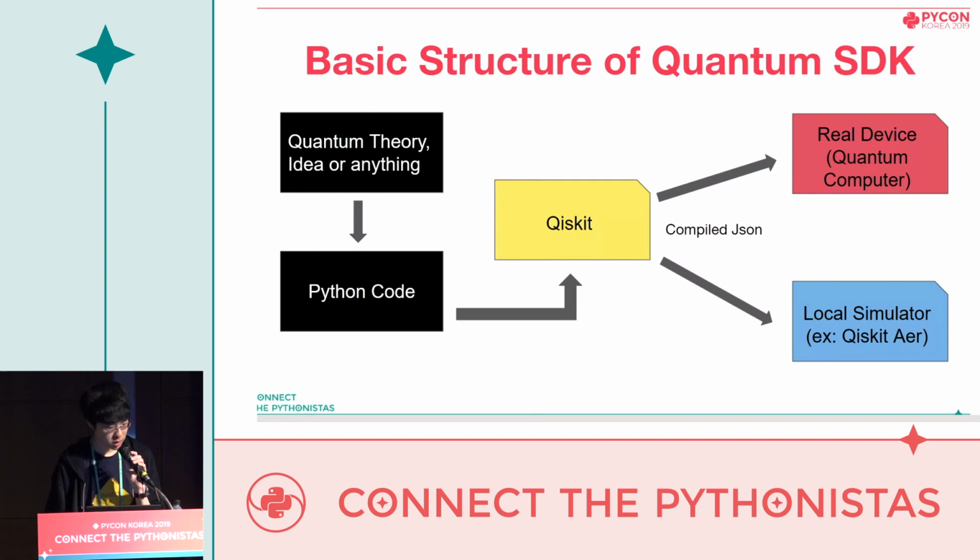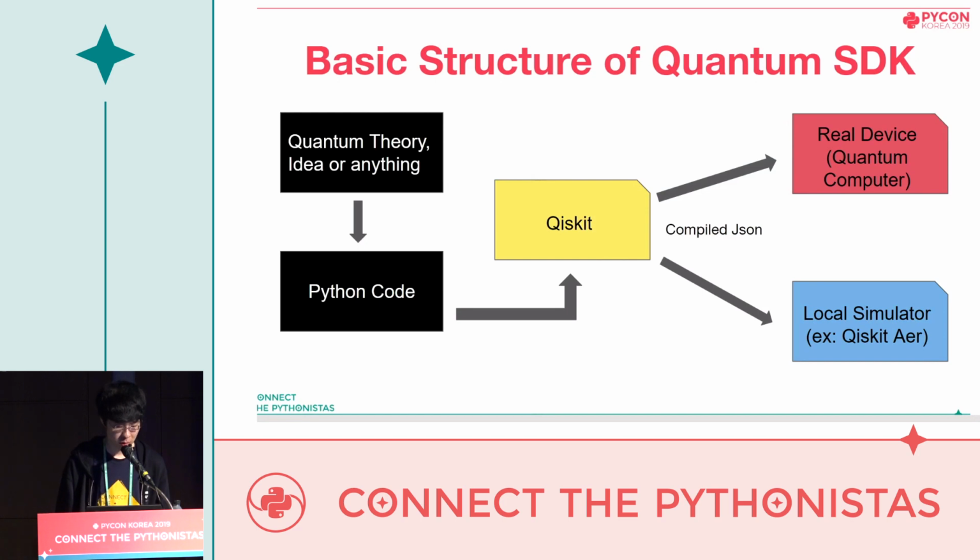And before I talk about the various species of SDKs, I want to make clear the mechanism of general quantum SDKs, and this is it. As you see here, you can first materialize your own circuit idea with Python code. And when you run it, Qiskit will compile your code. To be more specific, it's your circuit in your code, since Qiskit is not a Python interpreter.